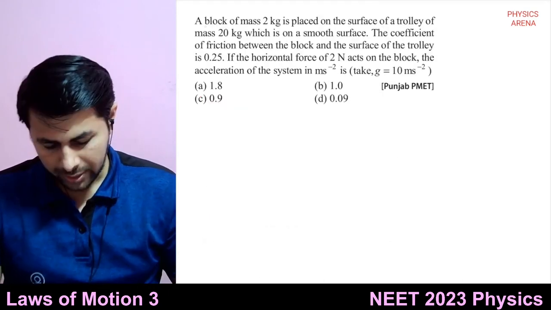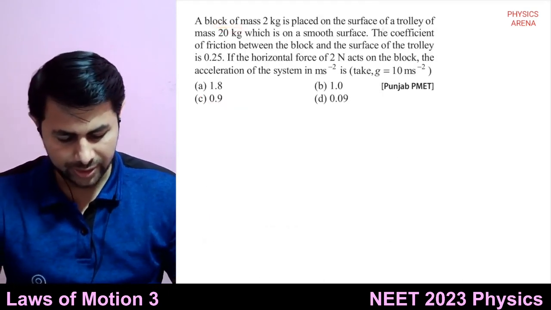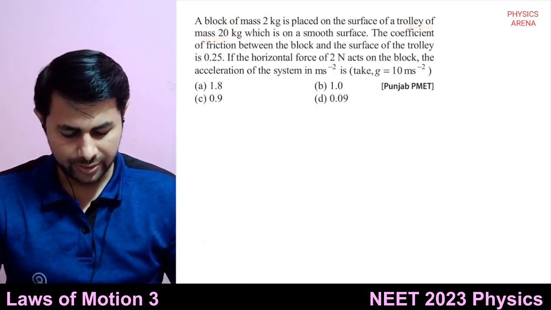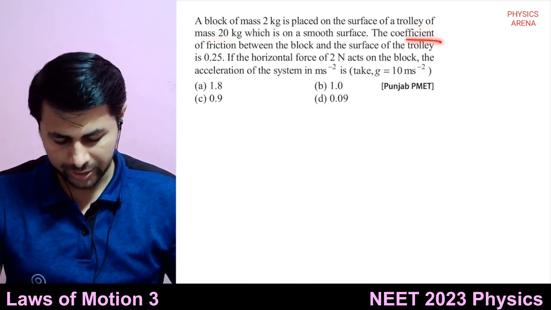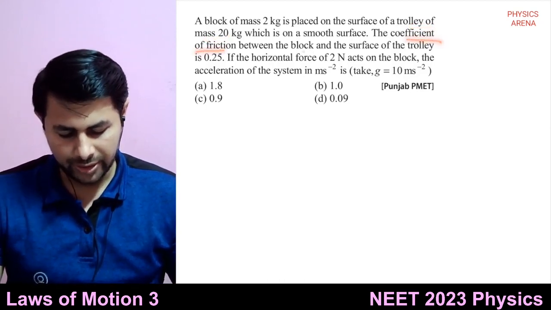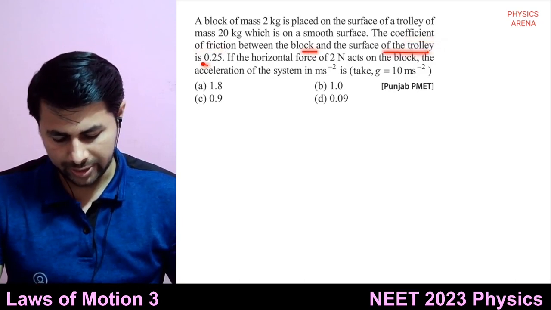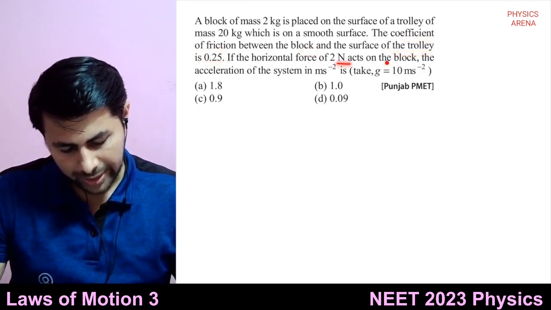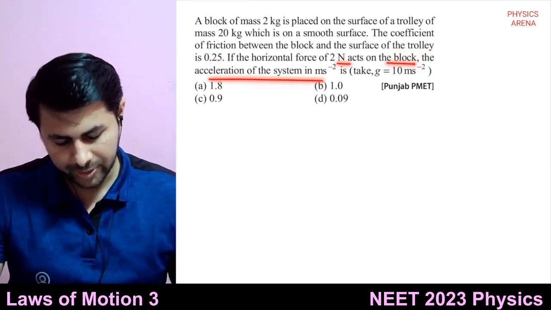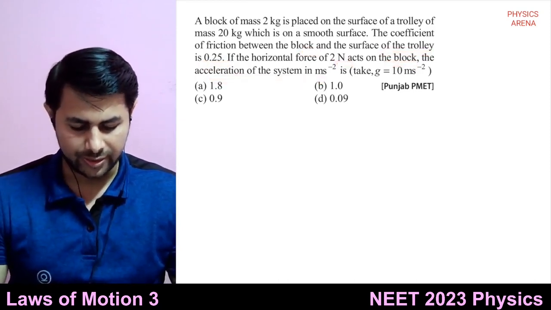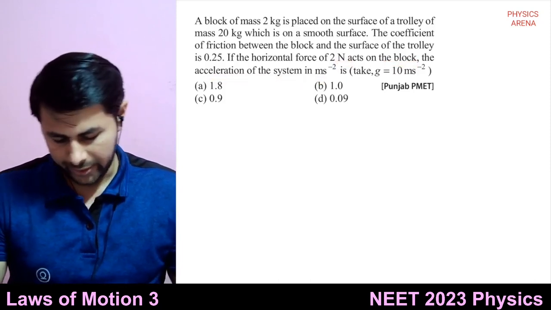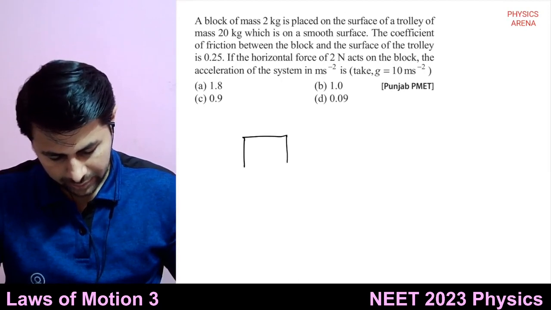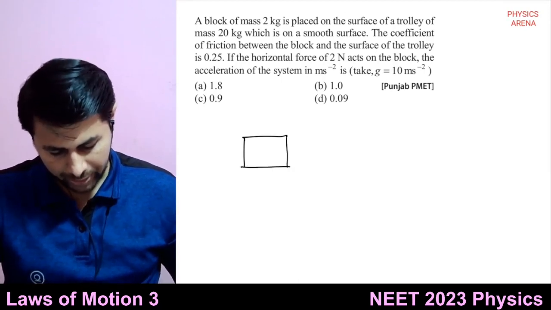A block of mass 2 kg is placed on the surface of a trolley of mass 20 kg, which is on a smooth surface. The coefficient of friction between the block and the surface of the trolley is 0.25. If a horizontal force of 2 Newton acts on the block, the acceleration of the system in meters per second square is? Okay, so there is a block kept on a trolley.